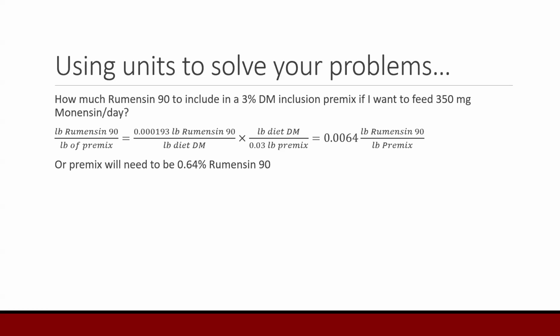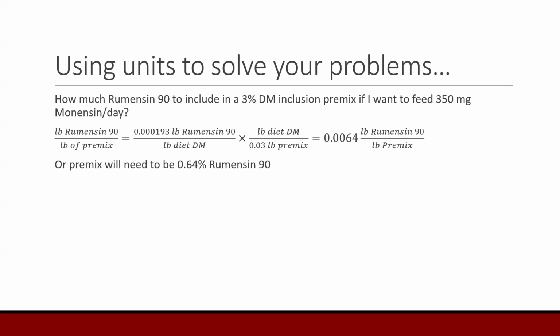Rumensin is just one example of many different classes of feed additives we may feed. But if I give you Experior 240, and I tell you that it's 240 grams of lubabegron per ton of dry matter as your type A medicated feed, you can do the same exact math.